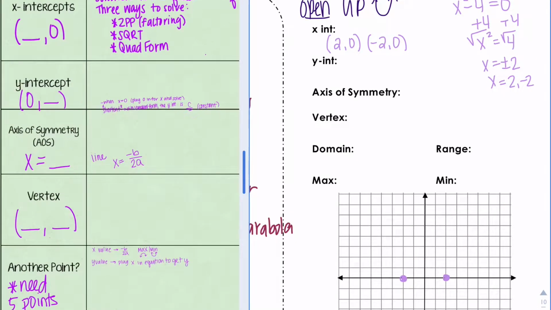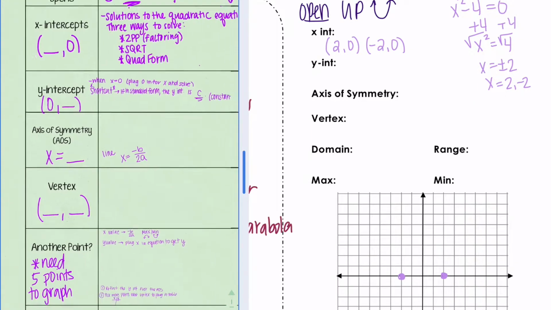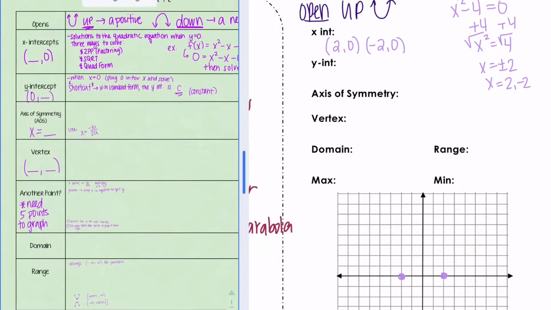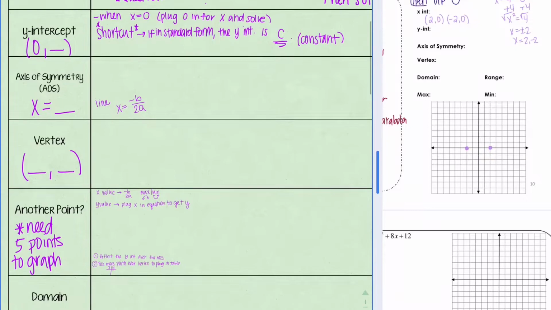All right, so now we're moving on to the y-intercept. The definition of the y-intercept is where the graph crosses the y-axis. So this is the solution when we set x equal to 0 and we solve for y. So I'm going to make that bigger so you can copy that in. You might need to pause and write that in. So the y-intercept happens when x is 0. So we're going to plug 0 in for x and solve.